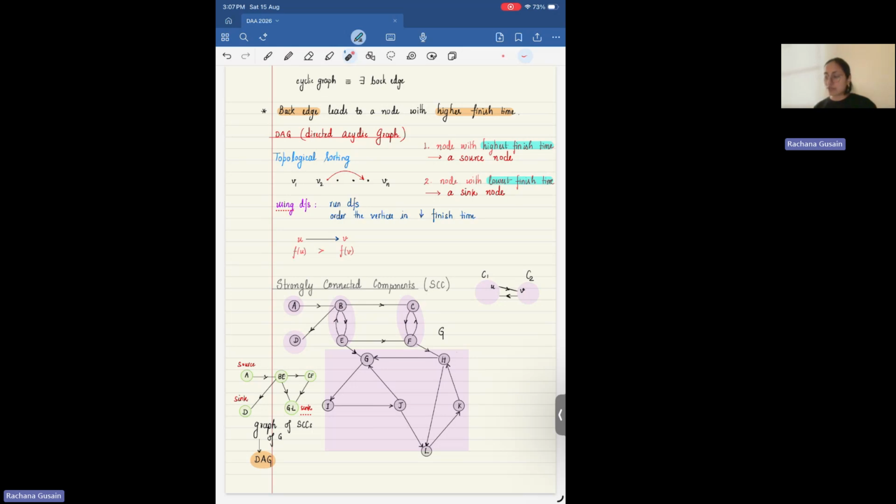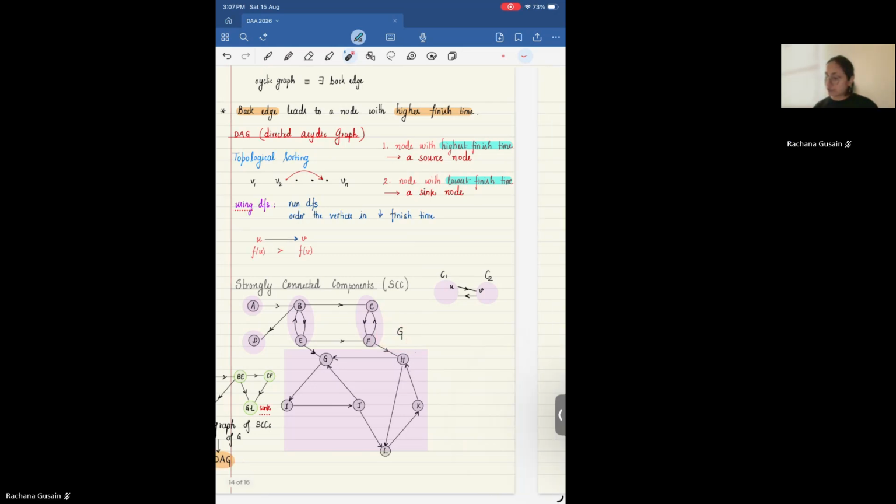Otherwise it will create a cycle and violate the property that this is a maximal strongly connected component. Since there cannot be any cycle, it's a directed acyclic graph. So the graph of strongly connected components of another graph G is going to be a directed acyclic graph.